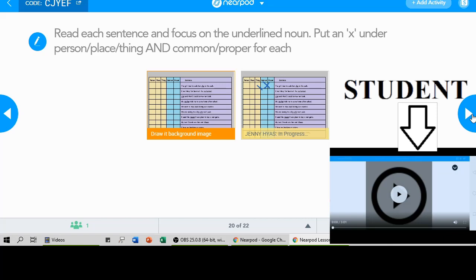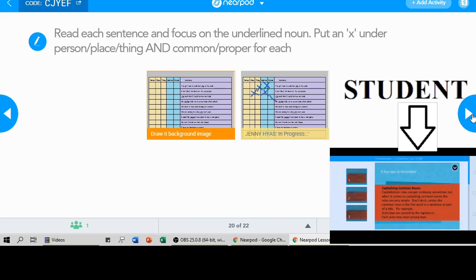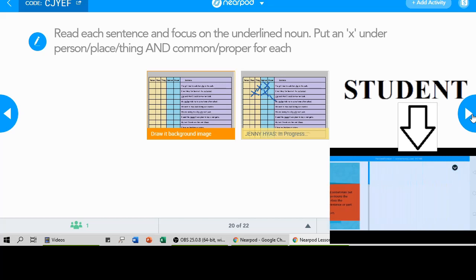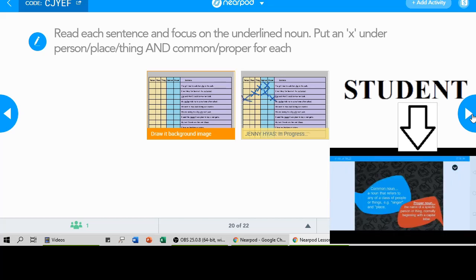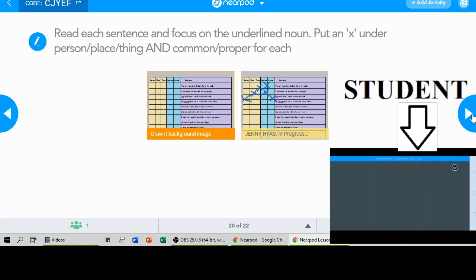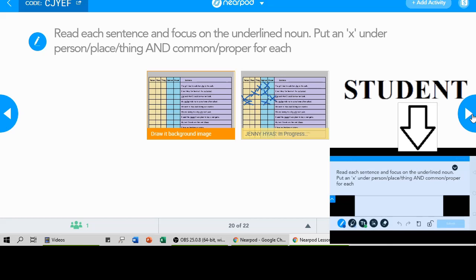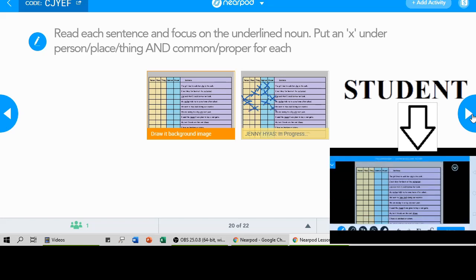Lisa is a proper noun and it's a person. My mother told me to come home after school. Mother is a common noun and it's a person. We went to New York during our vacation. New York is a place, it's a proper noun. We are moving to a big city. City is a common noun and it's a place.